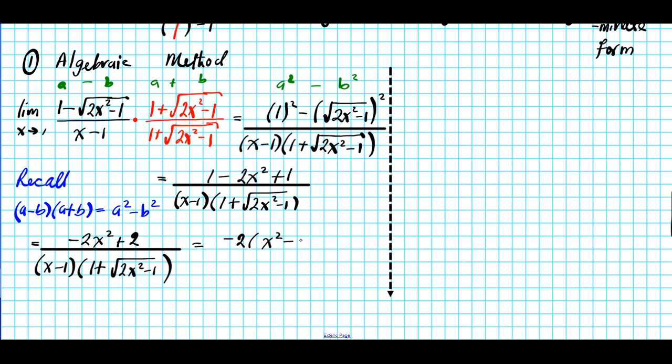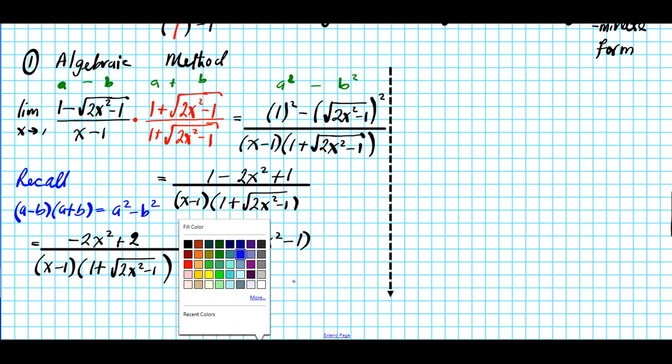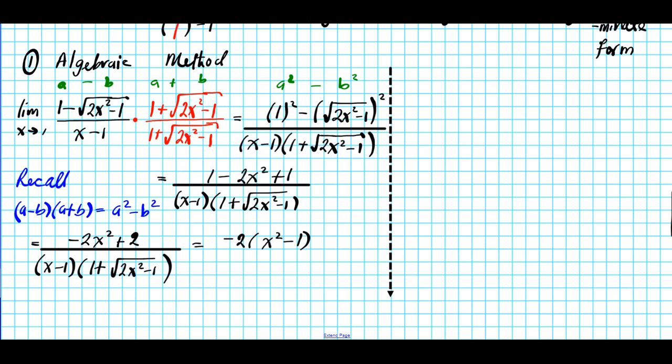It becomes opposites. So this becomes x squared minus 1 divided by, the denominator stays the same as we mentioned earlier. Don't alter that piece. x minus 1 times 1 plus the square root of 2x squared minus 1.